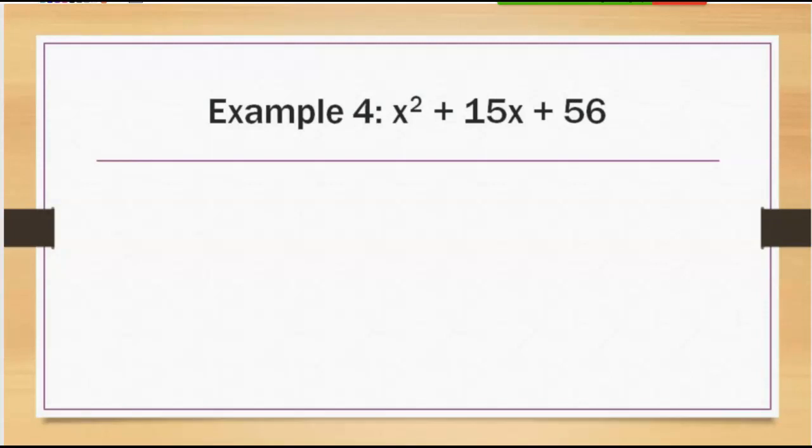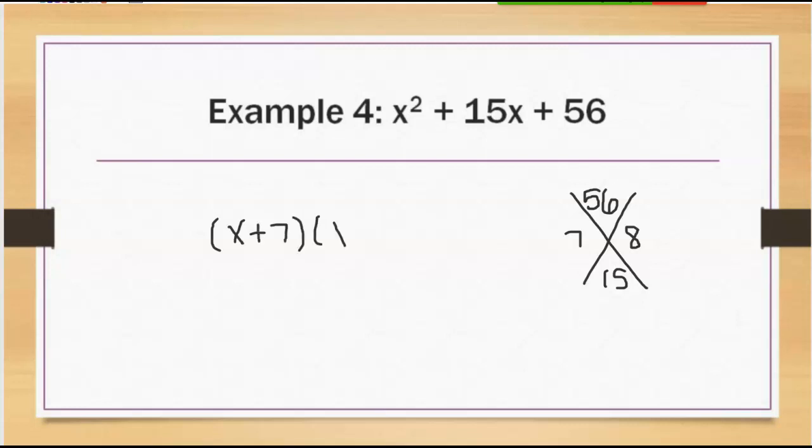Example 4, x squared plus 15x plus 56. Again, you're looking for factors of 56 that sum to 15. That is 7 and 8. So this in factored form is x plus 7, x plus 8.